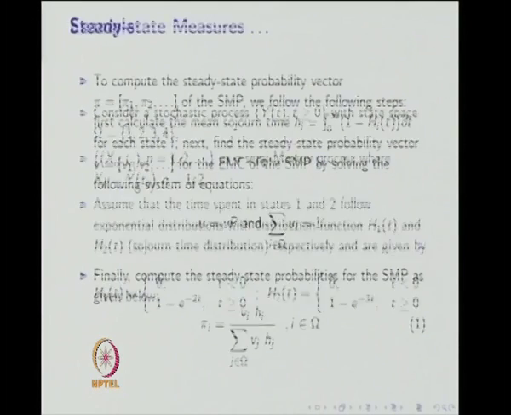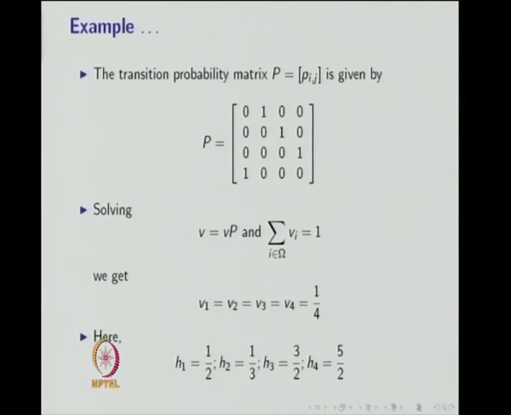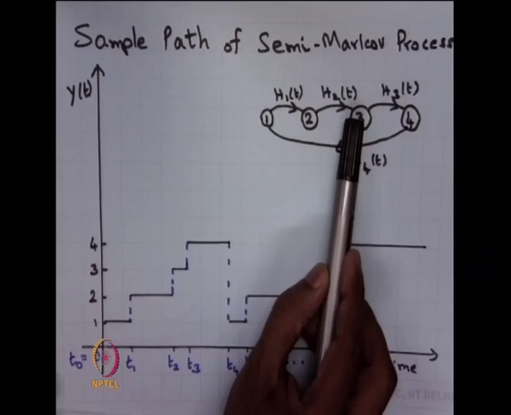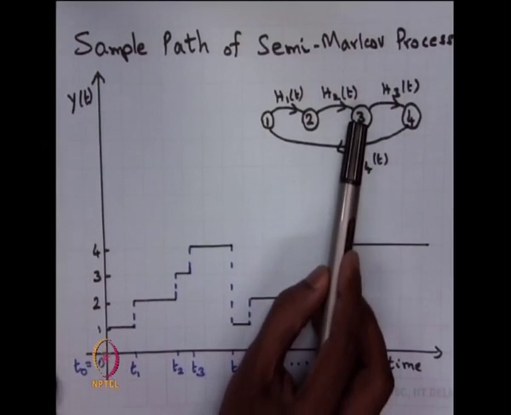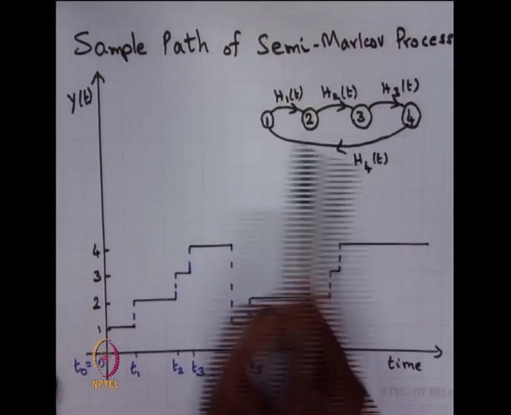The states are 1, 2, 3, 4. Therefore, in the one-step transition, the system moving from the state 1 to the state 2 is sure, therefore that probability is 1 and all other probabilities are zeros. Similarly, the system moves from the state 2 to 3 with probability 1 and all other moving probabilities are 0.